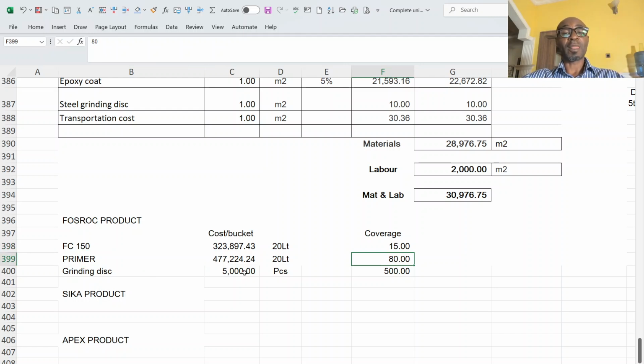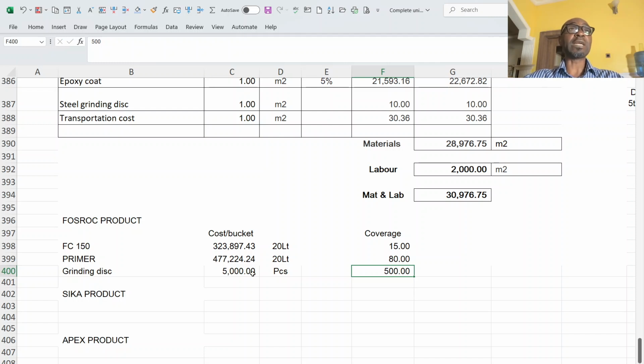Then the metal grinding discs: the price is 5,000 naira per piece of the metal grinding discs.